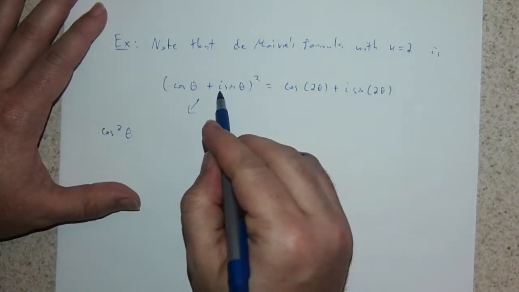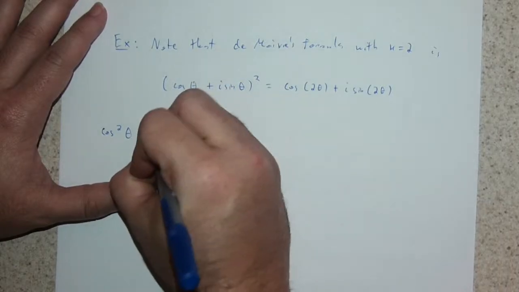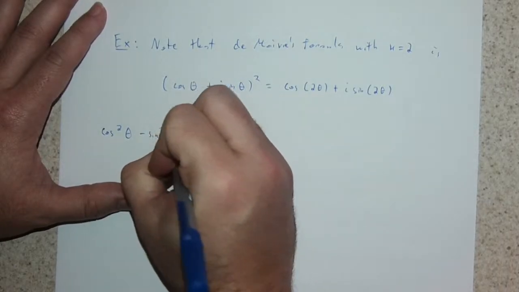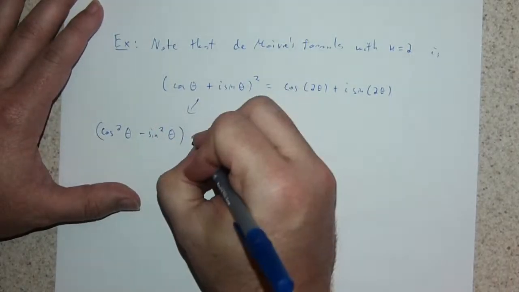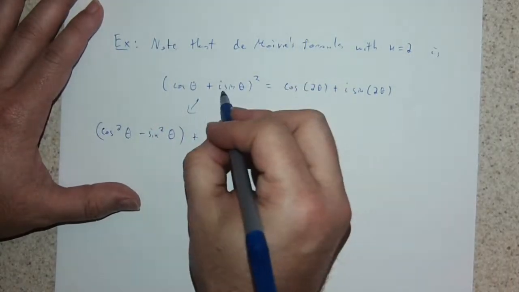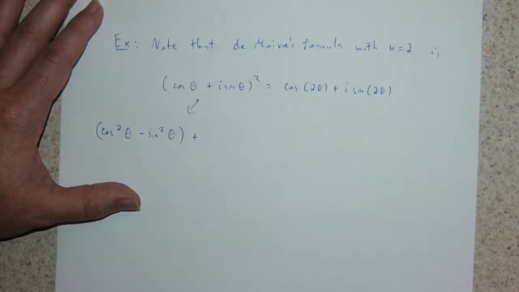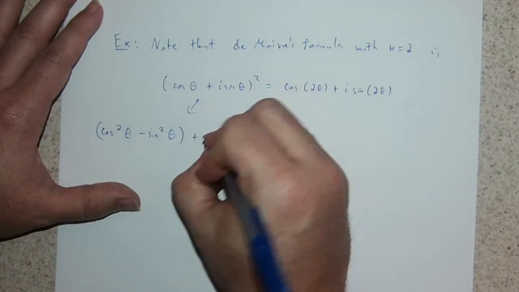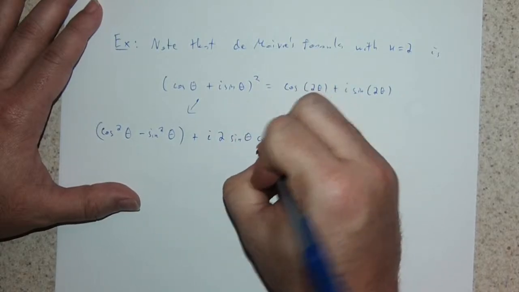The squared terms here would be i sine theta times i sine theta, so that's minus sine squared theta. So that would be the real part of this expression. Plus i sine theta cosine theta plus i sine theta cosine theta. So this would be plus i times 2 sine theta cosine theta.